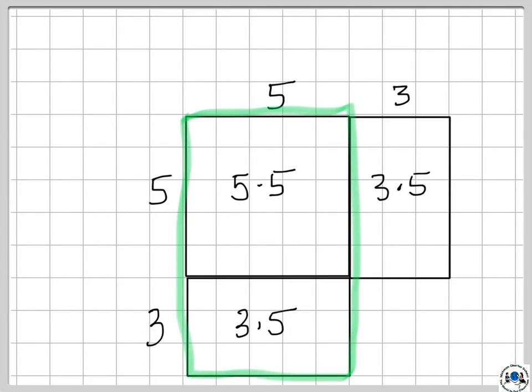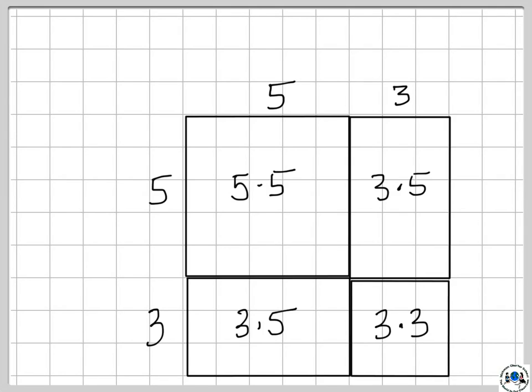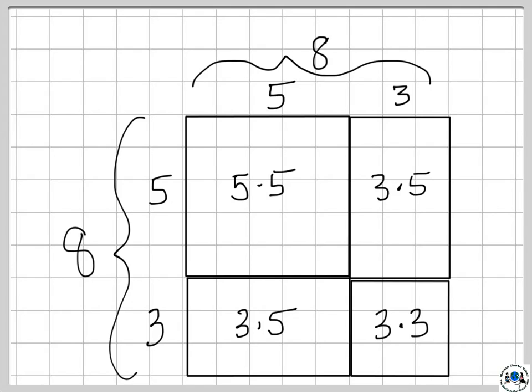But in this case we need to increase both, therefore we need to extend. And again, that little piece here is kind of our little secret to everything in the end. So now we have a new square, which is 8 by 8, and that's 64 units squared.